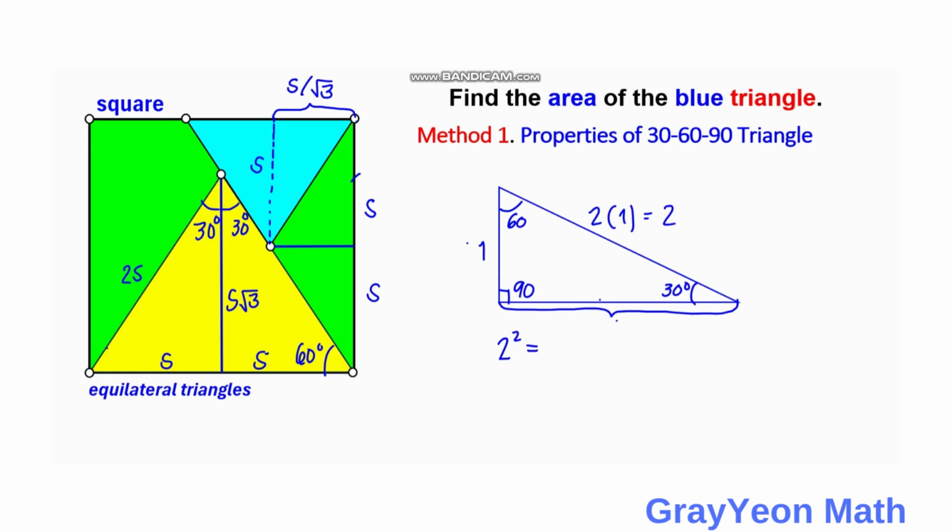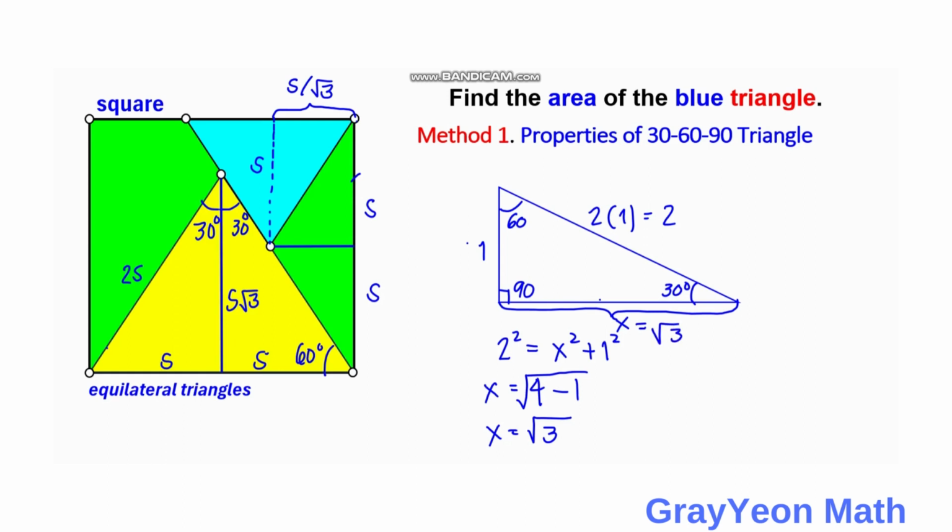Let's say this is x. So 2 squared is equal to x squared plus 1 squared. So x is equal to the square root of 4 minus 1, so x is equal to square root of 3.